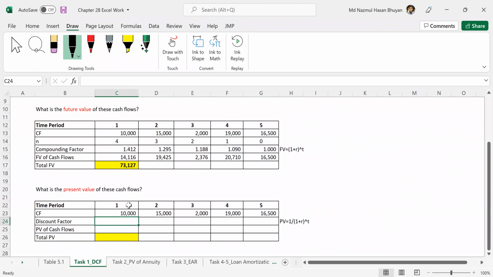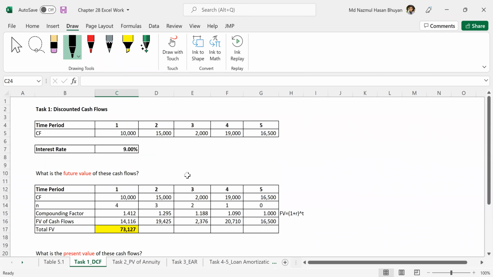All right. First of all, what do we mean by present value? Present value means the value of a future cash flow right now. Now you can see here, you're going to receive this $10,000 at the end of year number 1. And you want to know the value of this $10,000 right now in year number 0.